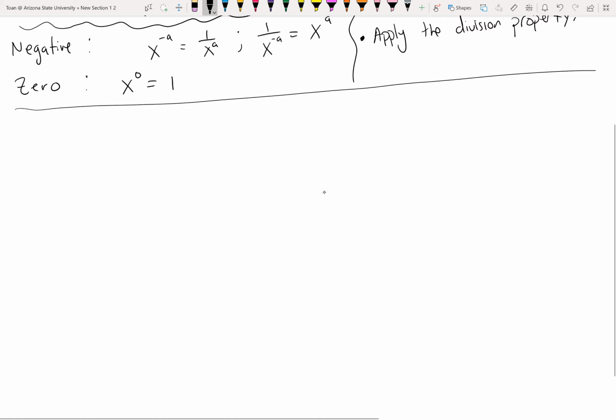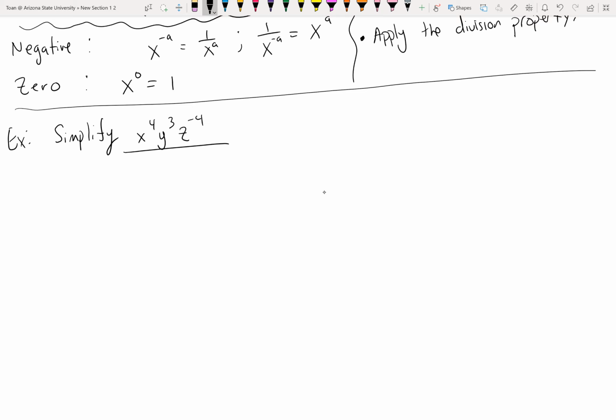For example, suppose I ask you to simplify x to the 4, y cubed, z to the negative 4, all over parentheses x, y to the negative 2, z to the 4, parentheses to the negative 1, times 2, x to the 4, y to the 4, z cubed.